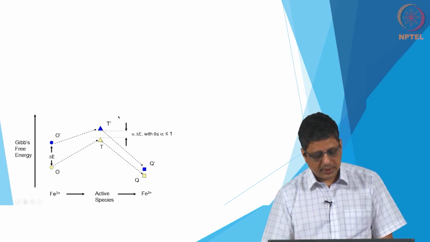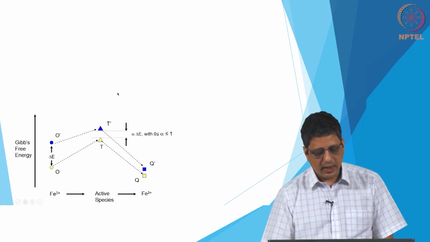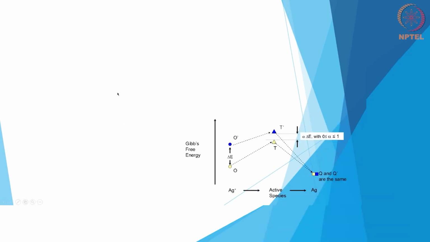To understand what happens in a little easier way, you can look at this scenario where Ag plus deposits from the solution onto the electrode. The electrode is held at ground potential, that is, it is at 0 potential. So, Q and Q prime are the same for this electrode.